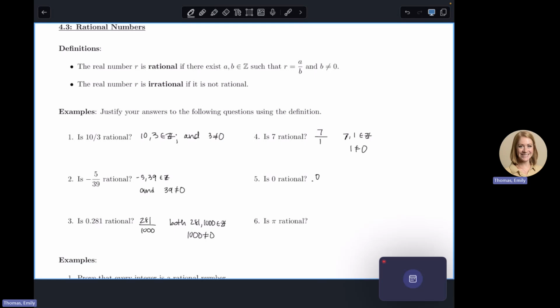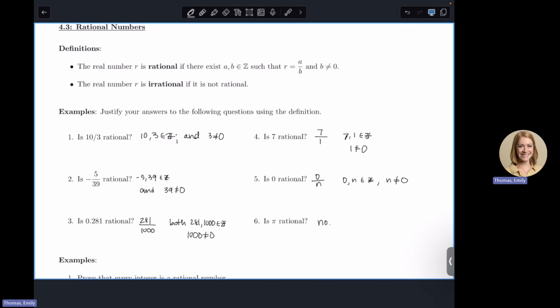Yes, we can write 0 over anything. 0 and n are integers, and we can make n not be 0. Is pi rational? That's a no. Pi is a decimal that doesn't end, right? So we can't write it as a fraction.